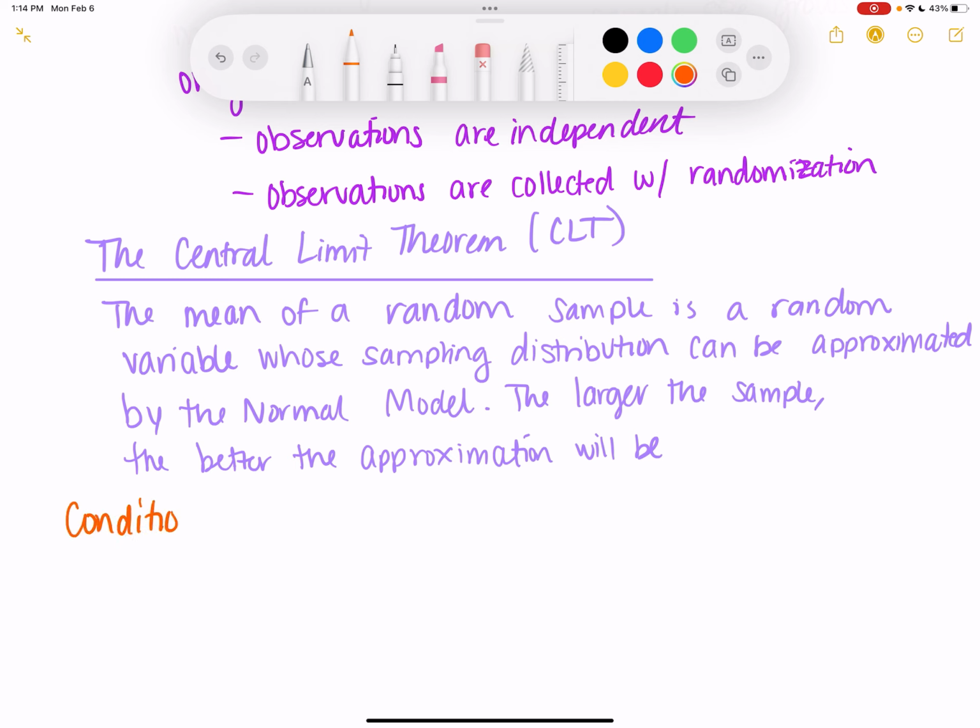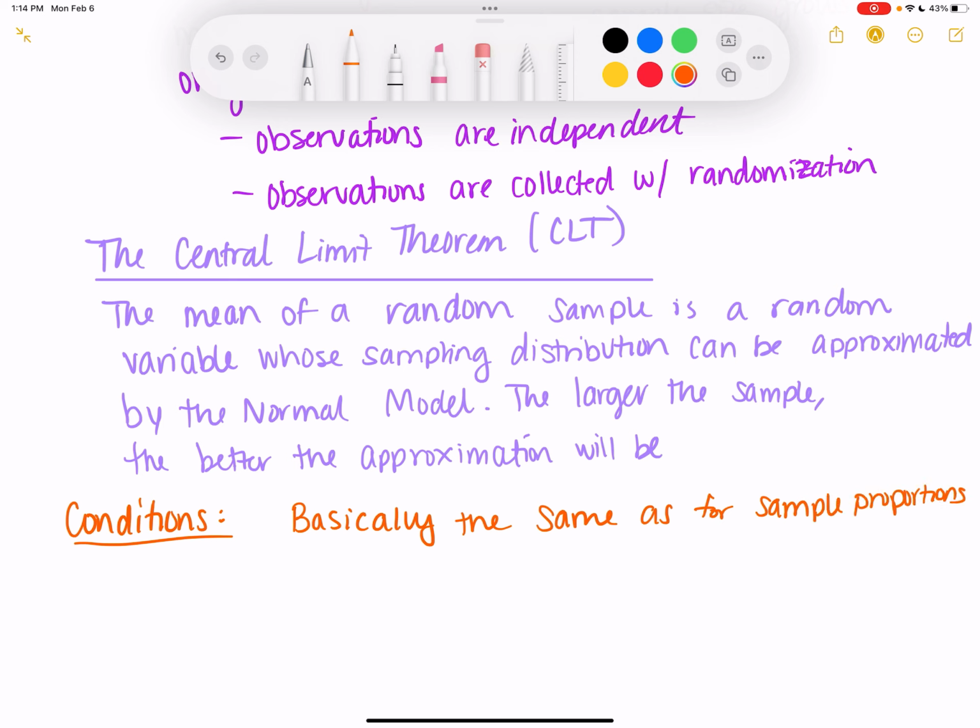The conditions for this stuff are basically the same as for sample proportions. There is an independence assumption and a sample size assumption.